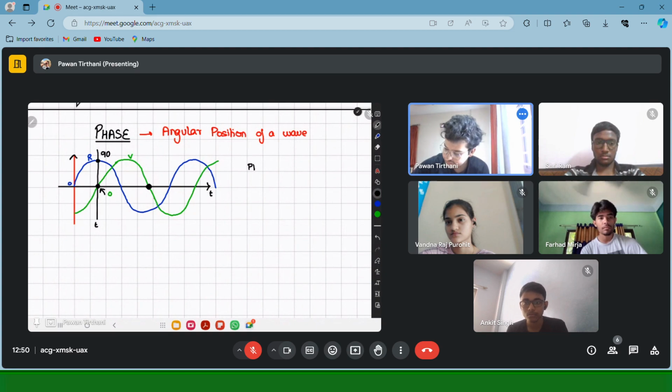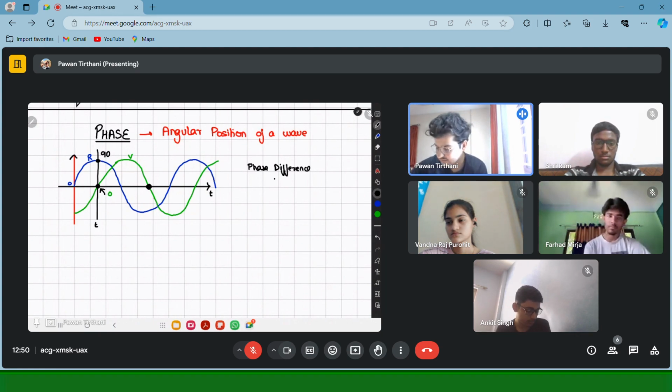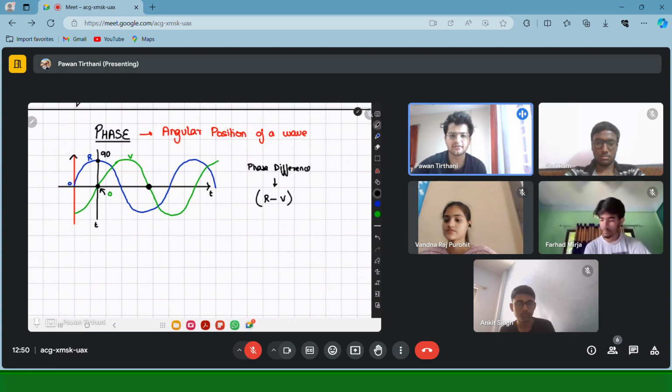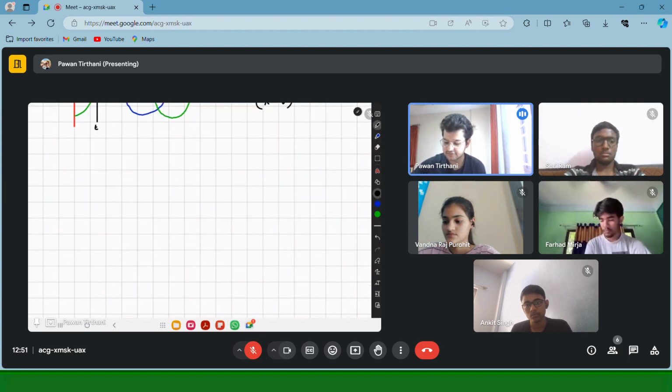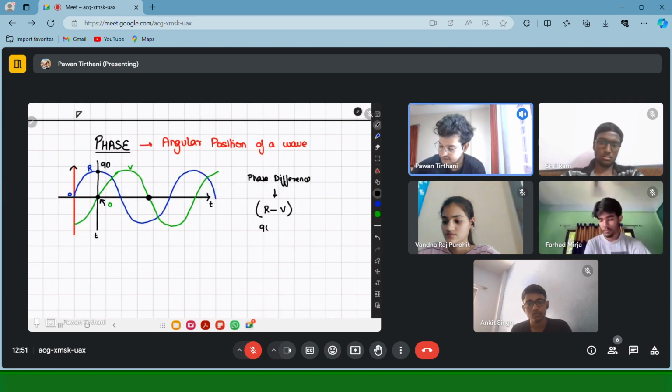The formula is reference minus variable. Whatever is the phase of the reference wave, subtract the phase of the variable wave. So what is the phase difference between them? Reference wave is 90, variable wave is 0, so phase difference is equal to 90 degrees. Now Sriram has a doubt.